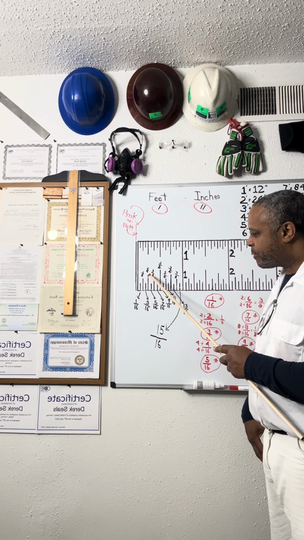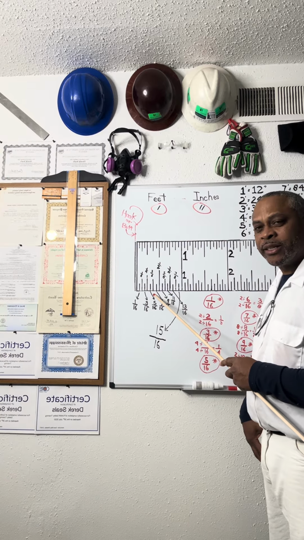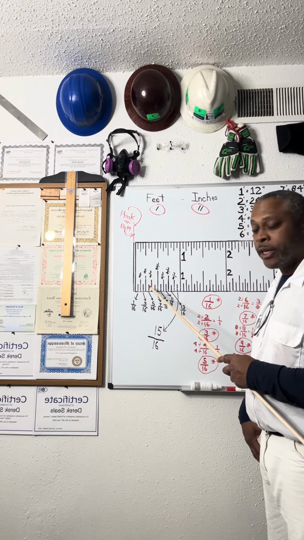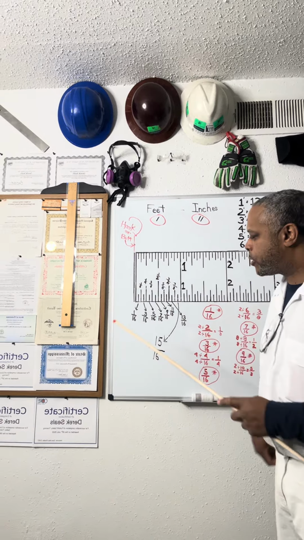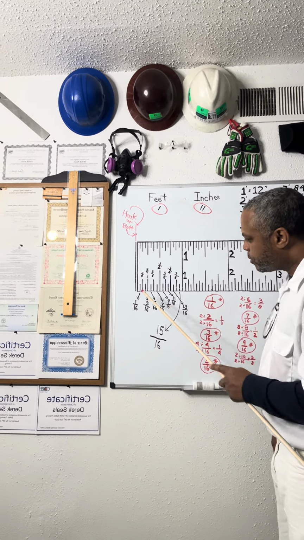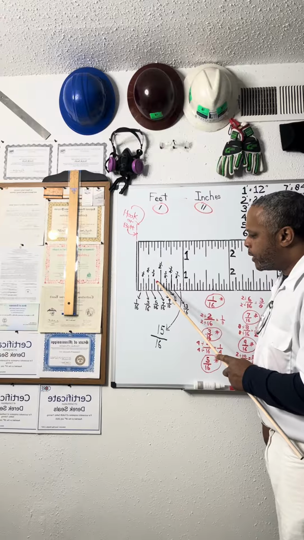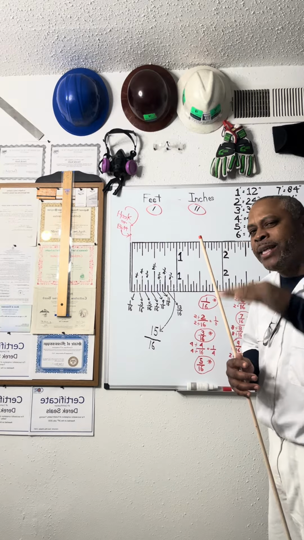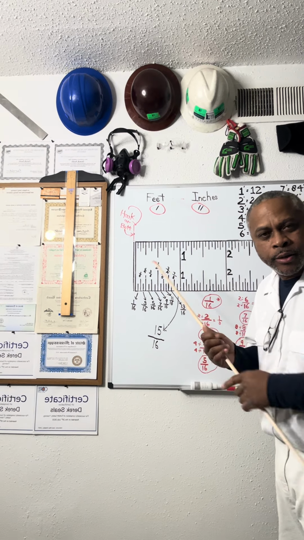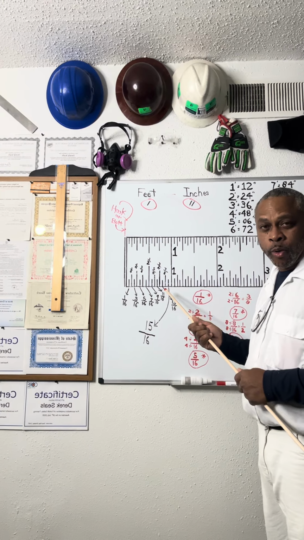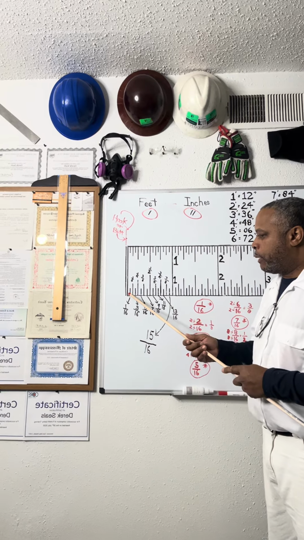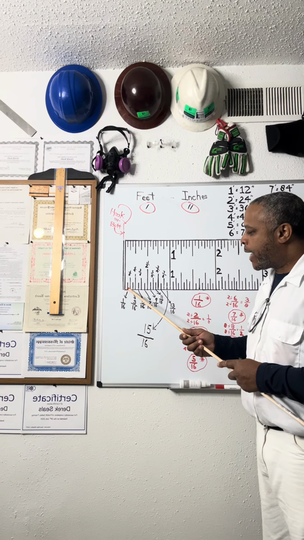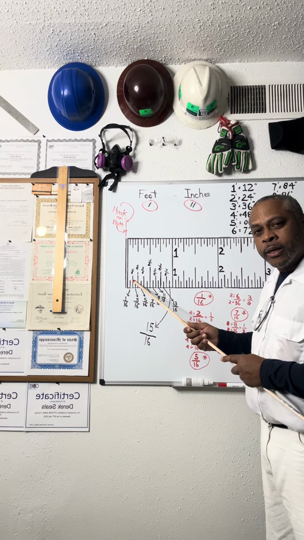The 6th 16th is going to be considered 3/8. Now, how many 16ths does it take to get to 3/8? Let's count them, okay? 3/8 is here. This is this guy. There are very distinct height limits to the structure here on this board with the measuring tape. Remember, this being the smallest in height, this being the next level of height.